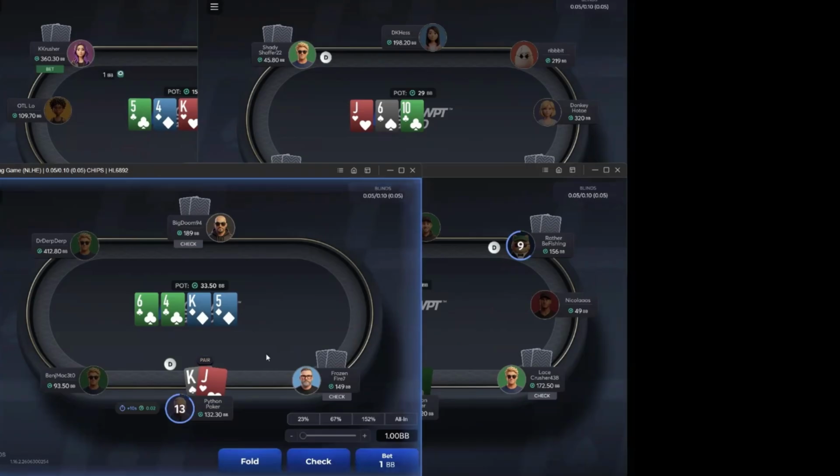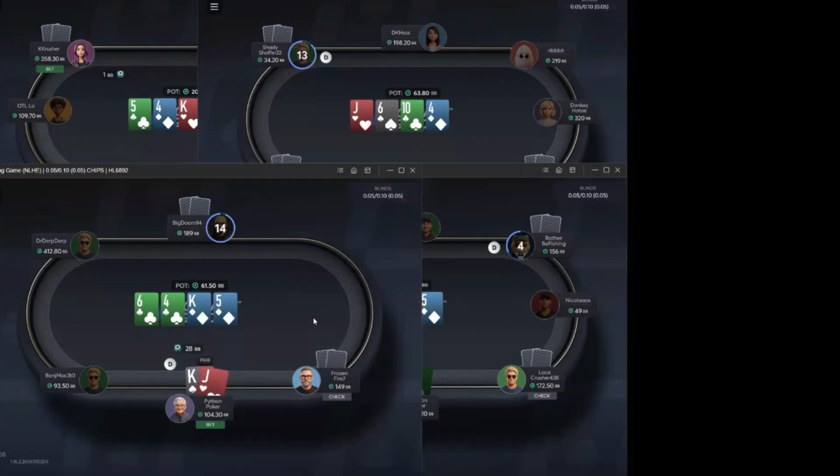And so they both check. The 2 flush draws and straight draw comes in. What we're gonna do is I'm just gonna bet big. Saying I have a really strong hand.